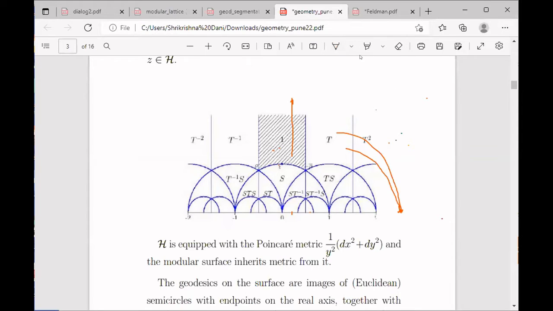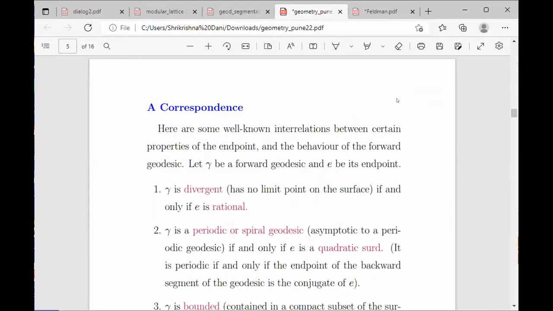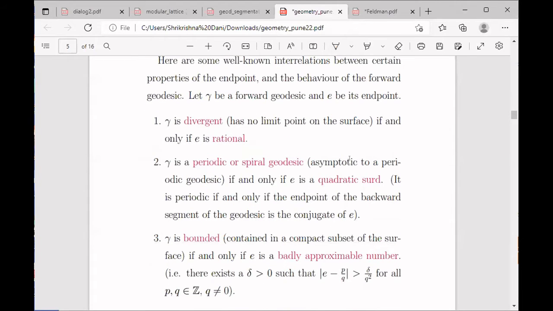So these are bounded geodesics, and the characterization in terms of the number turns out to be simply that the endpoint is a quadratic surd, and the converse. Interestingly, both parts hold.